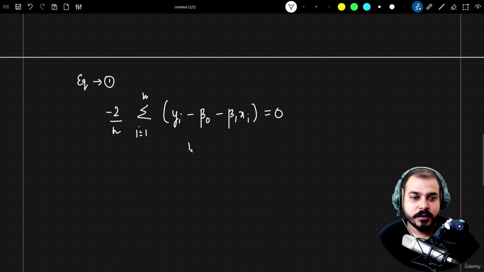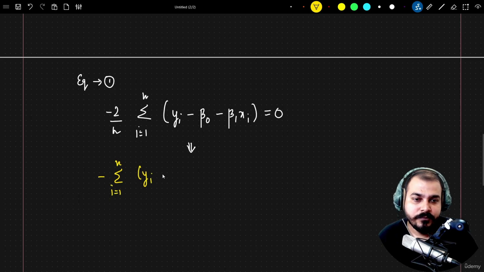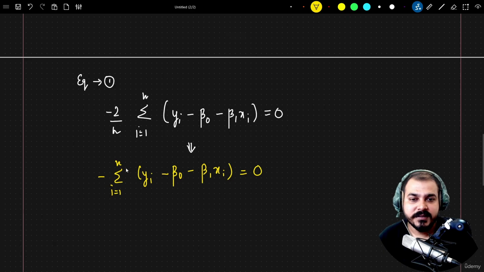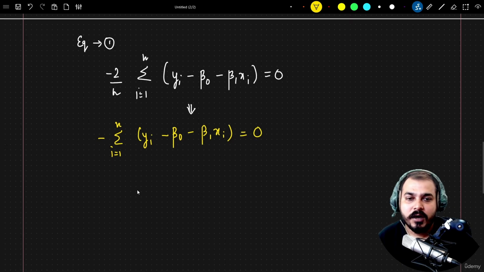So here in this equation, I can also write something like this. I will now write summation of i is equal to 1 to n, and this will be minus over here, y of i minus beta 0 minus beta 1 x of i, which will be equal to 0. Now let's go ahead and multiply this summation of i is equal to 1 to n along with y of i, right? So now here you'll be able to see I will be getting minus summation of i is equal to 1 to n y of i.